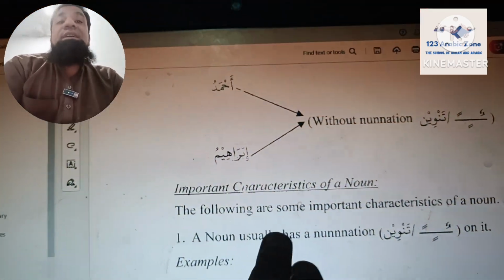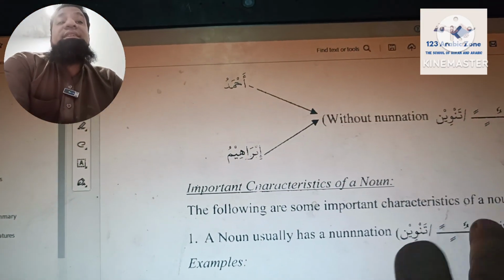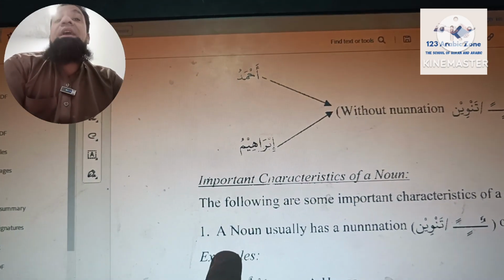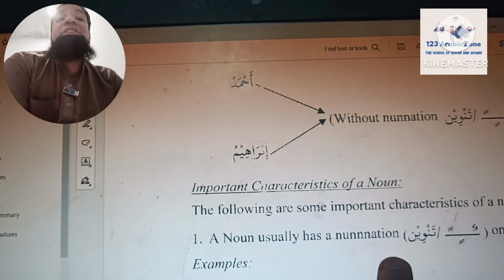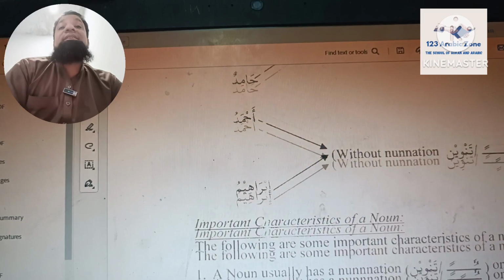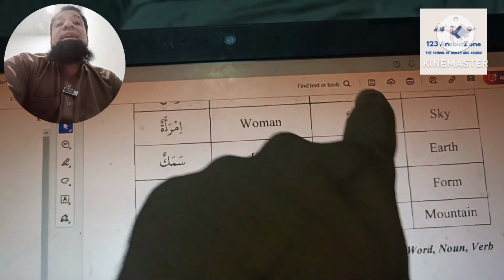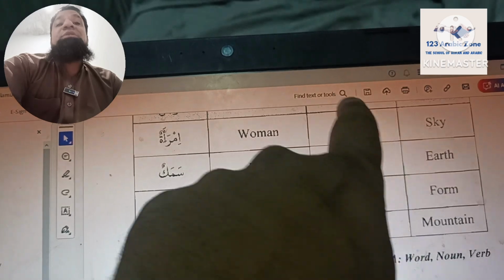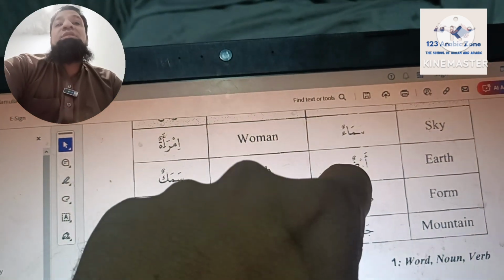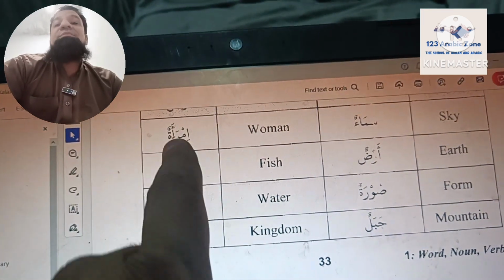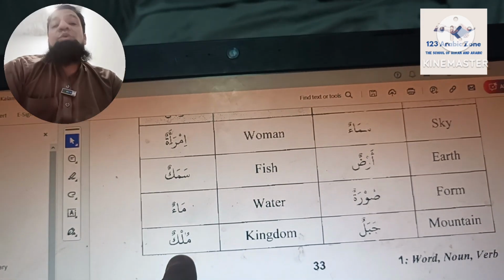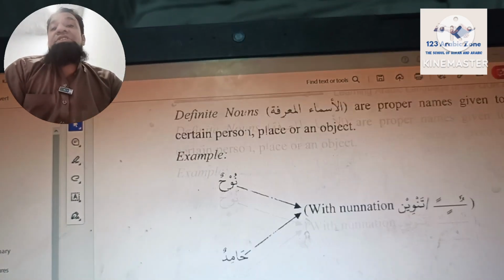The following are some important characteristics of a noun. A noun usually has a nunation on it. Jabalun, suratun, ardun, samaun, imra'atun, samakun, ma'un, mulkun, nunation.